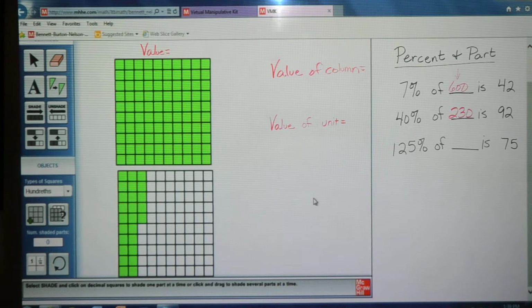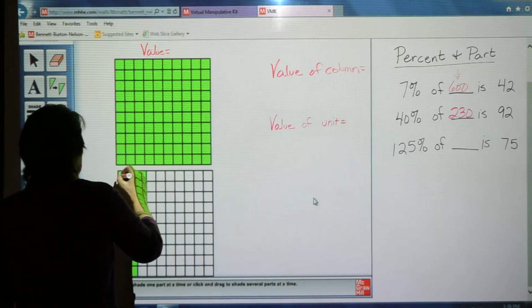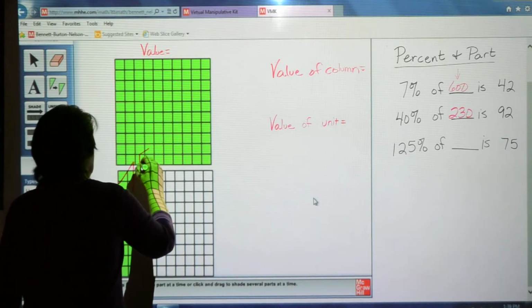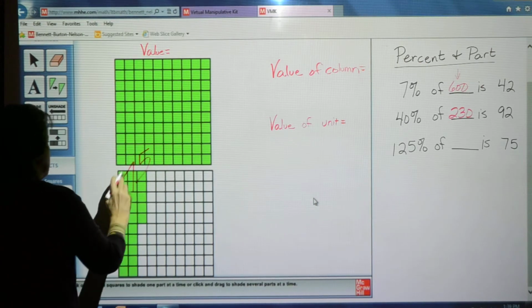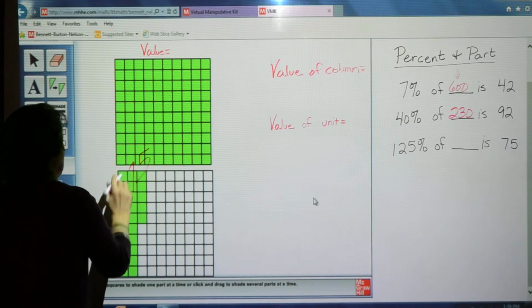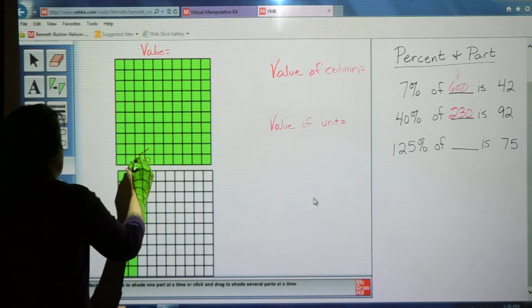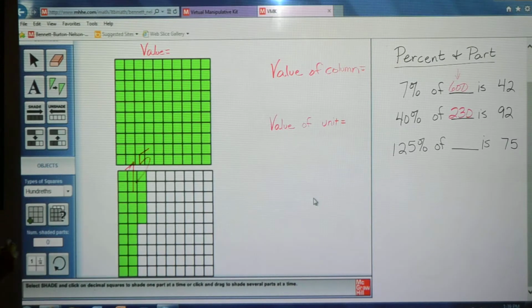What do I know? I know the value of this whole green shaded part. This plus this whole thing together has a value of 75. Right? What do I want to know?